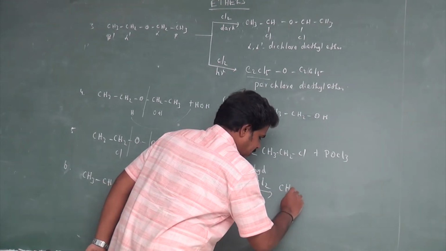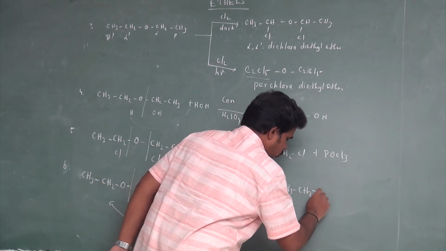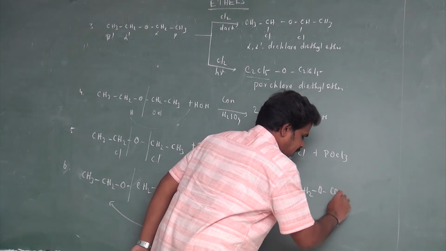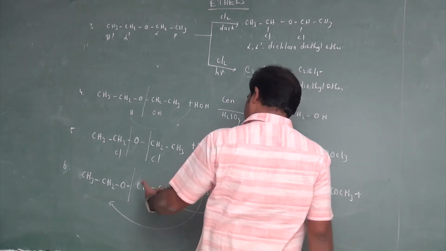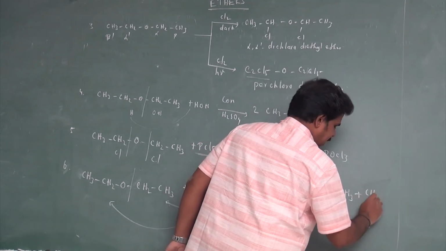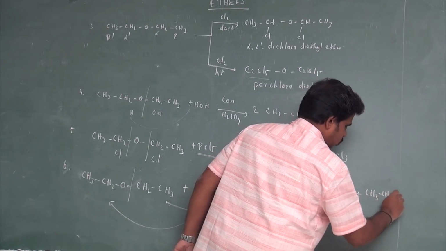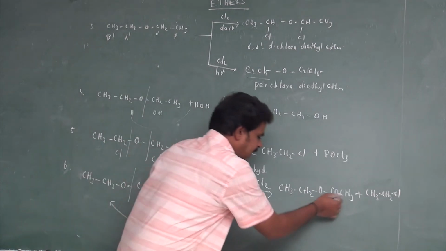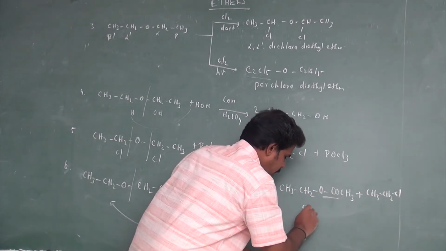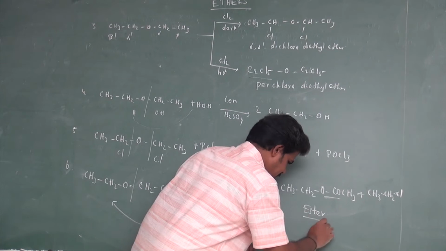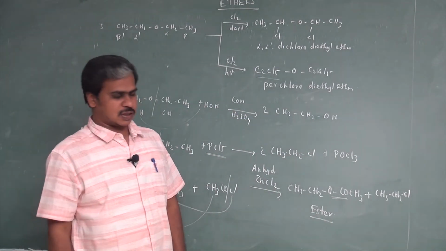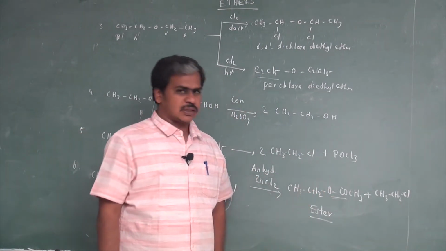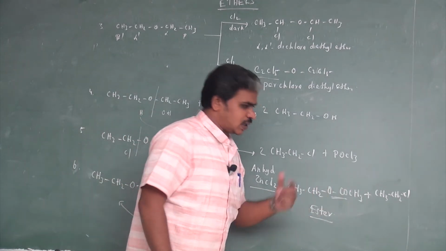So CH3CH2O and COCH3, and the remaining is CH3CH2Cl. So it is a COO group, then it is ester. Not ether, it is ester. If it is ether, only oxygen. Ester, it is O and CO group.